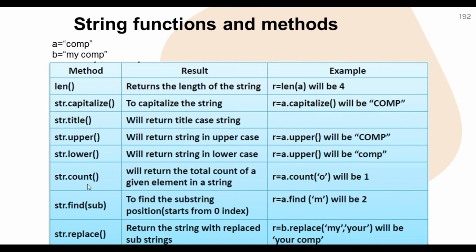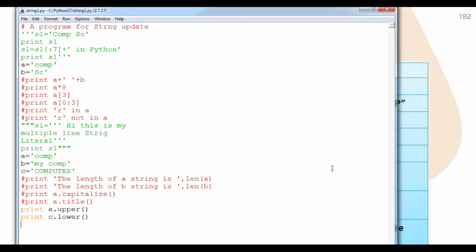Now count, it will return the total count of the given element in the string. Suppose I am going to count how many O's or C's there are, it will return 1, 2, 3, whatever the number is. So I am going to comment it again. And now print, suppose I am going to write C dot count.